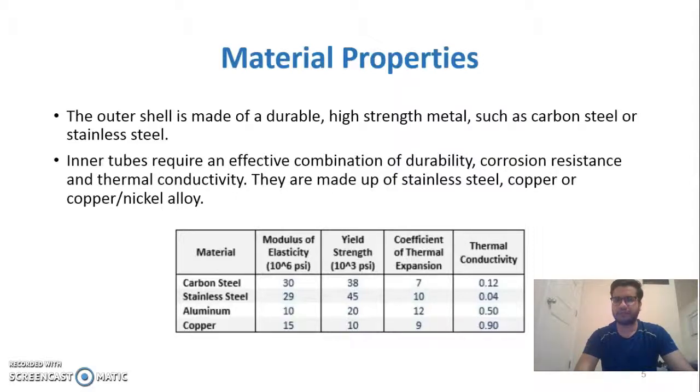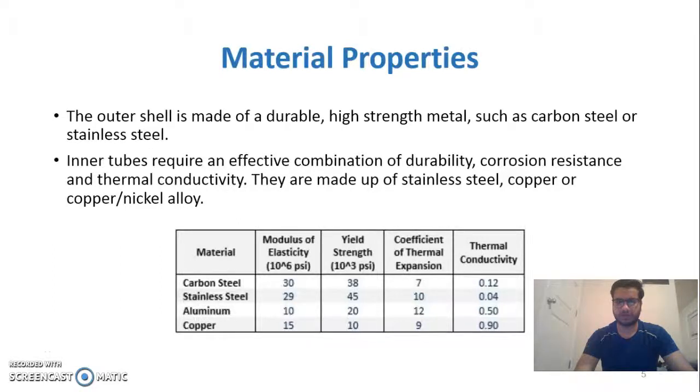They are made up of stainless steel, copper or copper nickel alloy. For my project, I'll be using carbon steel, stainless steel, aluminium and copper. For the outer shell, I'll be using stainless steel or carbon steel, and I'll be using aluminium and copper inside for my tubes.